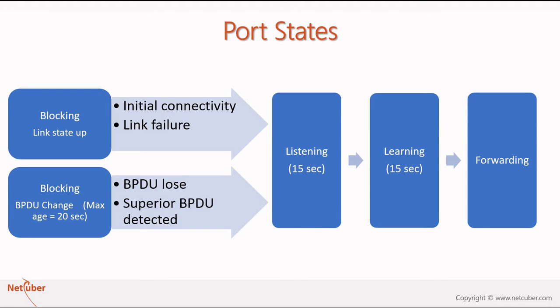Then it will move to the listening state, then the learning state, and then forwarding. So it takes 50 seconds to complete. That is in the BPDU loss or superior BPDU detection scenario. And in a normal scenario, it will be 30 seconds.